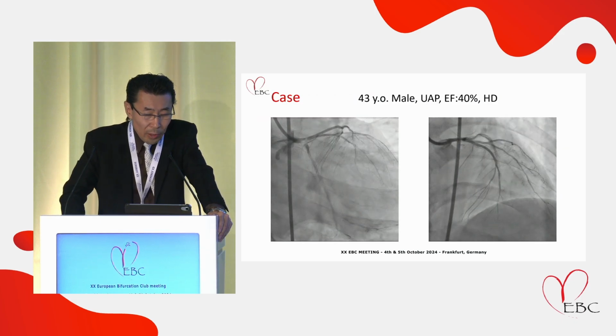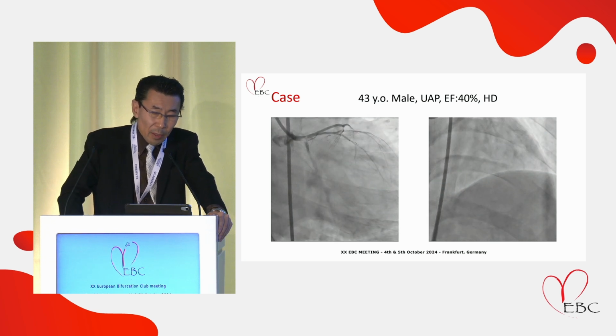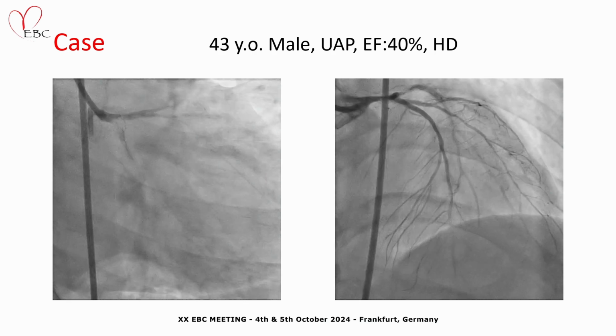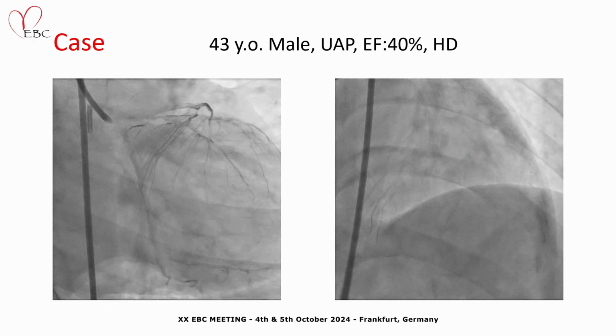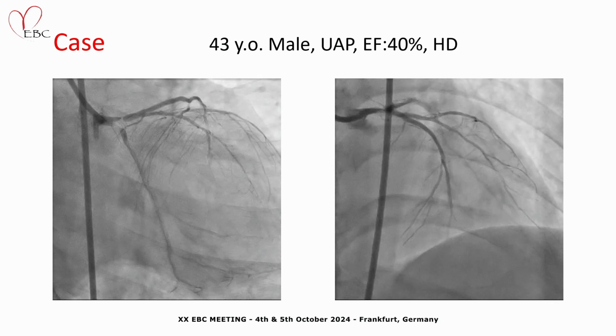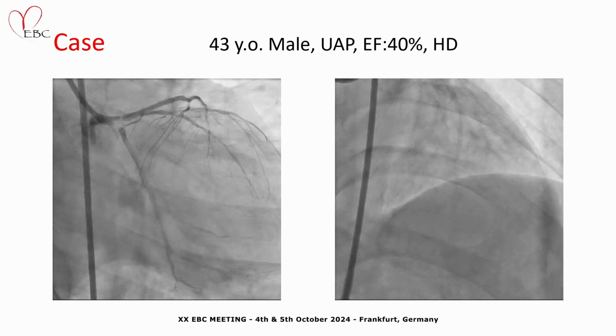I would like to show you a case. This case is a 43-year-old male, the diagnosis was unstable angina, the AVF was 40%, and he was under hemodialysis. As you can see, the patient had a 0,1,1 bifurcation lesion in the left main.